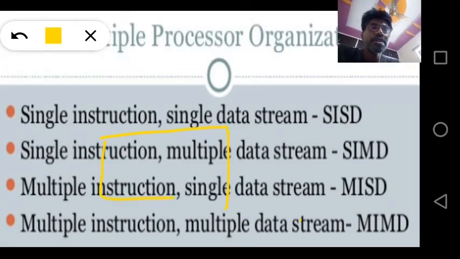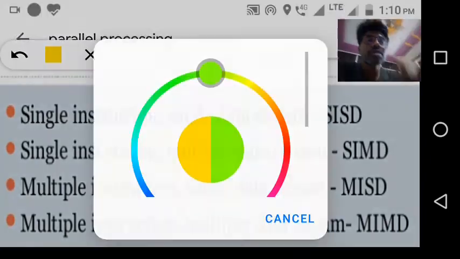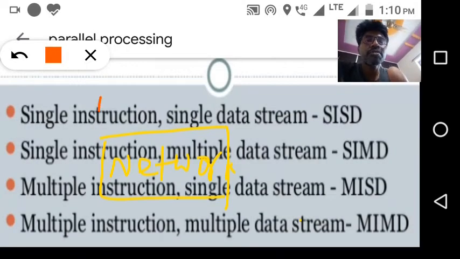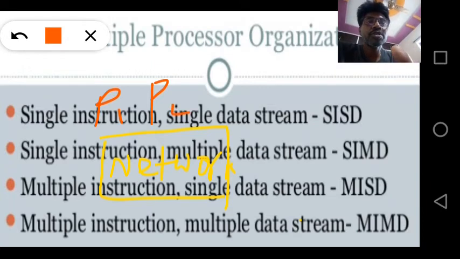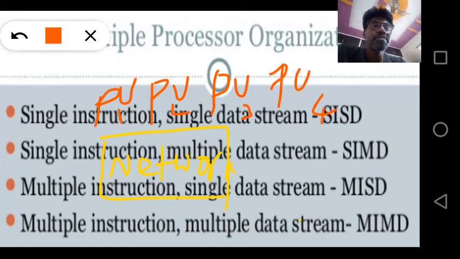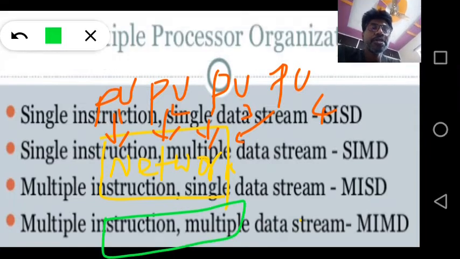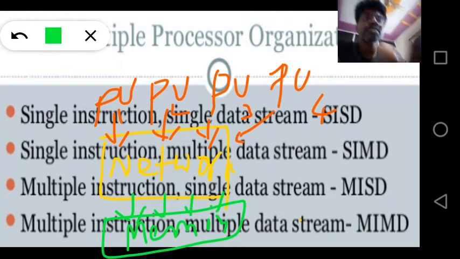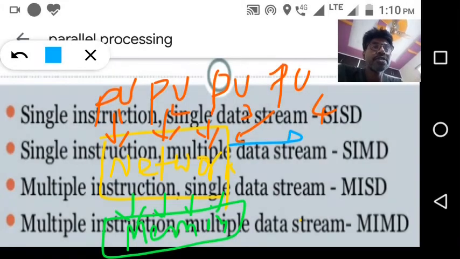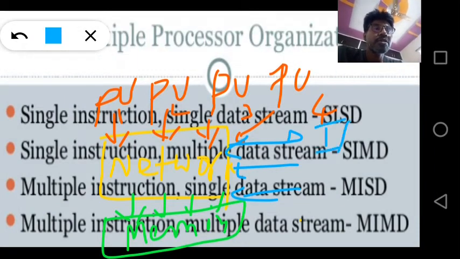See, this is my network and these are my processors: processing units, you can call them PU1, PU2, PU3 and PU4, which are connected, and this is my shared memory, and of course these are the IO devices: IO interface 1, IO interface 2, IO interface 3.